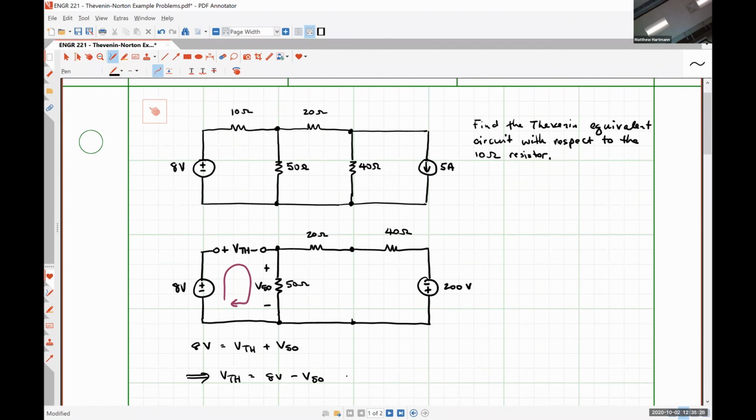That being said, we can find V50 as it's labeled in the circuit right now, using, in my opinion, a much easier method than nodal analysis. Anybody have any idea what that might be? So let me ask a slightly different question. We're looking at this 200 volt source on the right hand side.